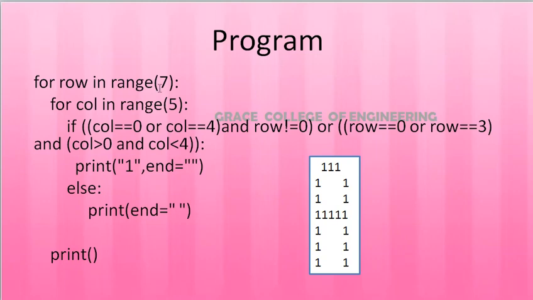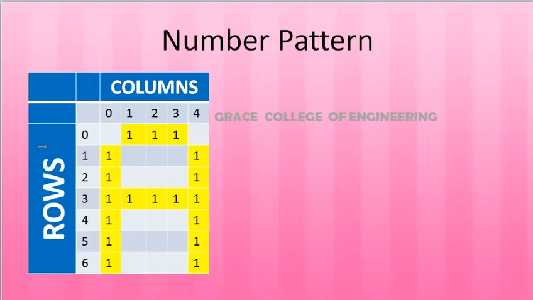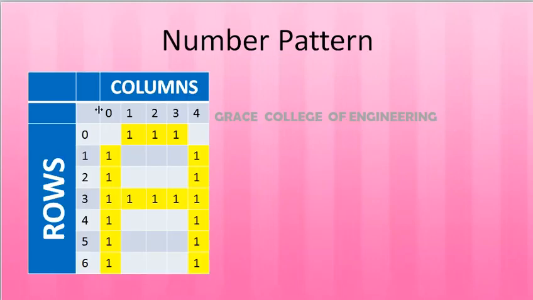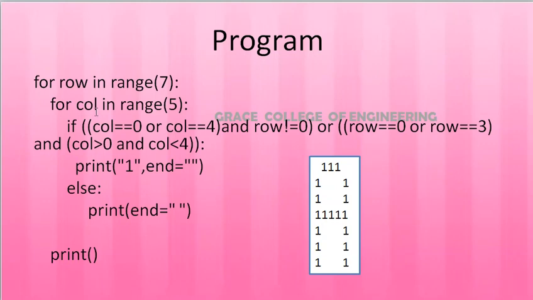For row in range of 7, because I already know 0 to 6, the total value is 7, right? So 7 is taken, and here the column is 5, so 0 to 4, totally 5. So for column in range of 5, colon, then I want to give some condition. I want to check some condition, then only I can print the A shape.